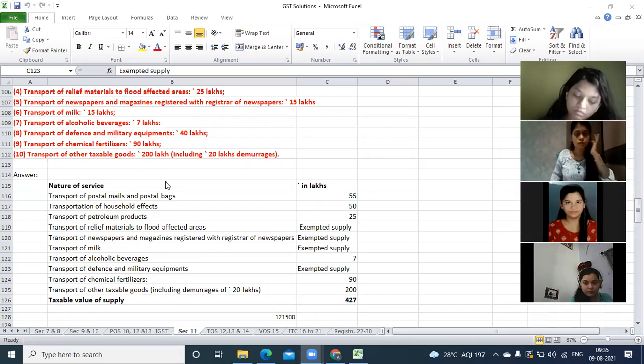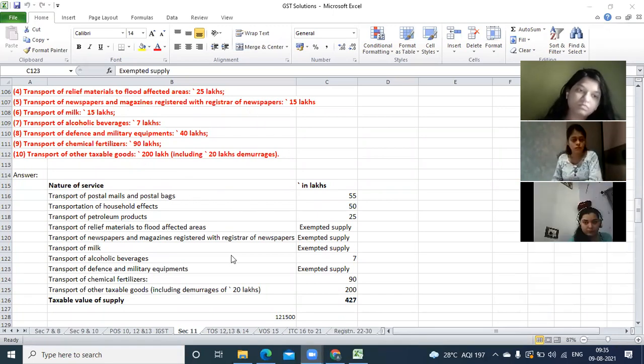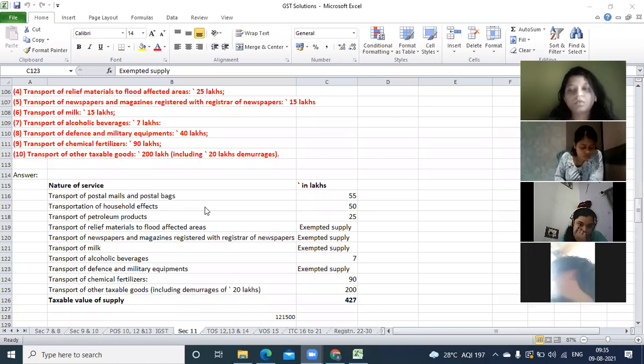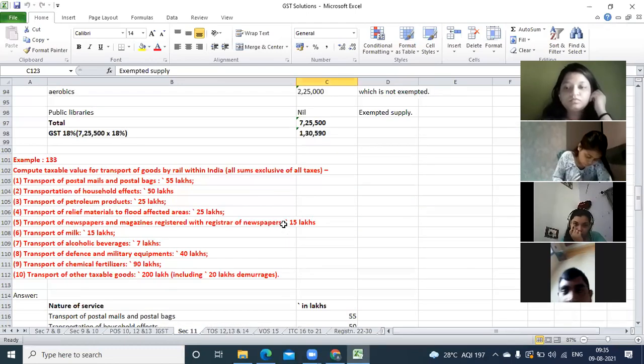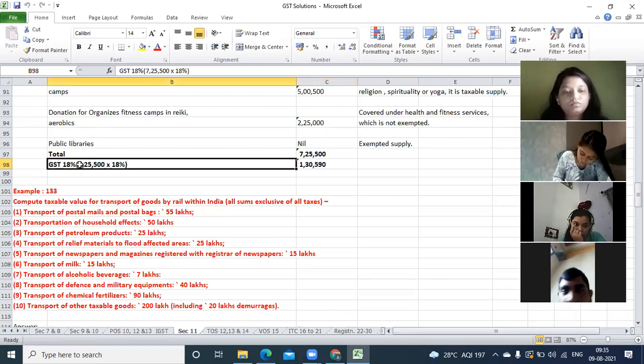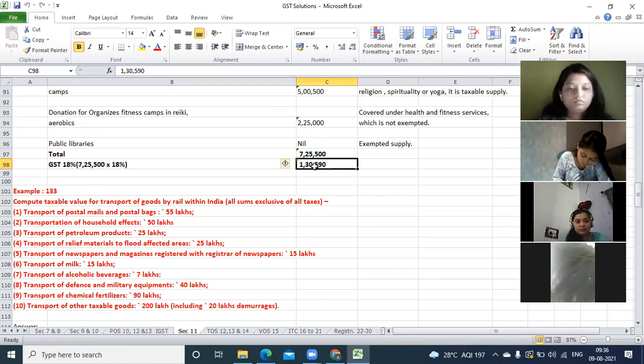In this question, they have just asked us to compute the total taxable supply. That's why we have not computed the tax liability. If it had been computation of tax liability, then we would have applied the rate and calculated the tax liability as well. Yes or no?